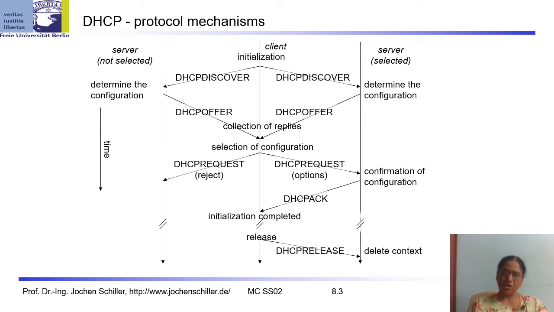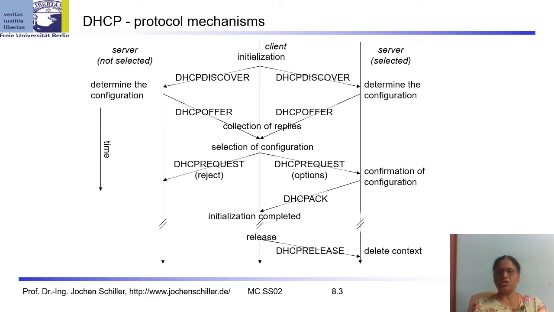Once the DHCP acknowledge message is received by the client, the client can continue to use that particular IP address for the specified amount of time which is specified by the DHCP server. So normally the DHCP server will allocate the IP address for a certain period of time, after which if the client wishes to continue with the same IP address, it can send a message to the server.